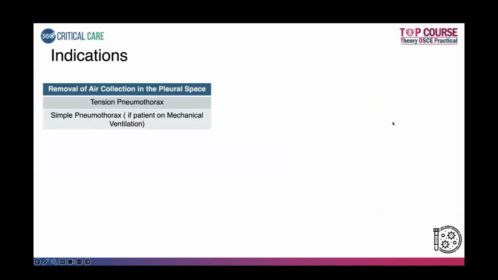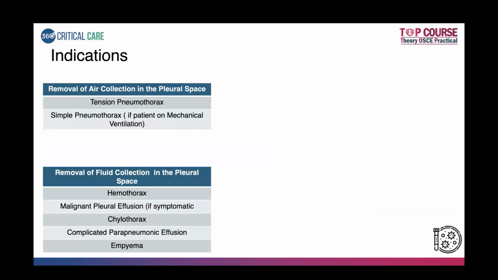Coming to the indications, it can be for removal of air collection in the pleural space, like a tension pneumothorax or a simple pneumothorax if the patient is on mechanical ventilation. It can be for removal of fluid collection in the pleural space, like hemothorax, symptomatic malignant pleural effusion, chylothorax, complicated parapneumonic effusion, or an empyema.